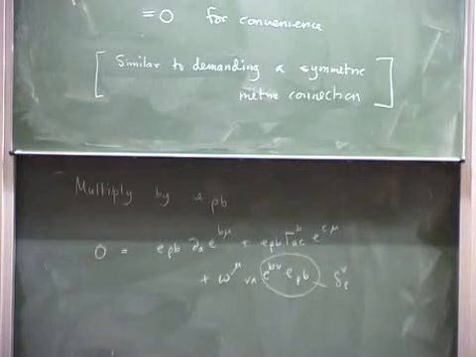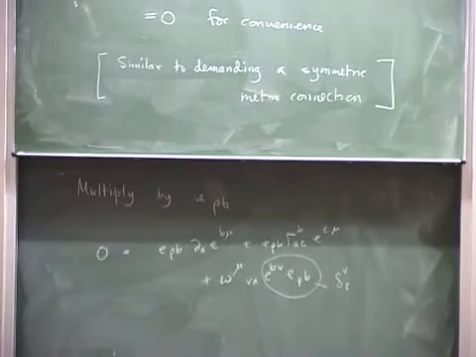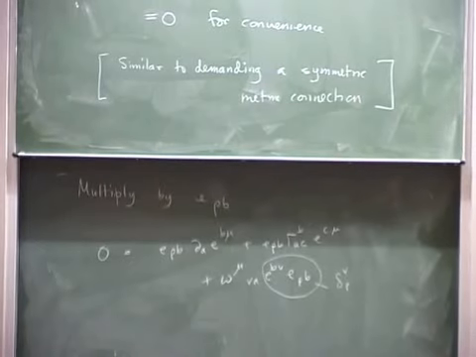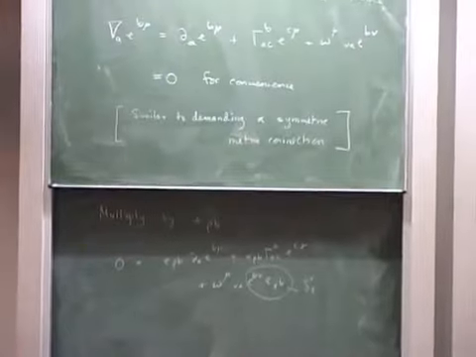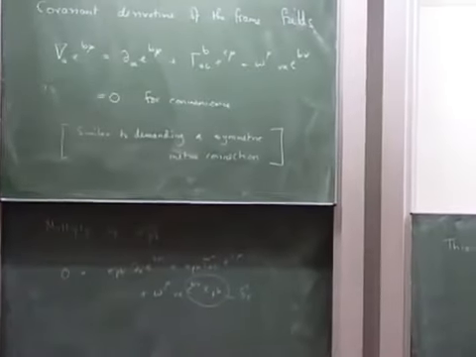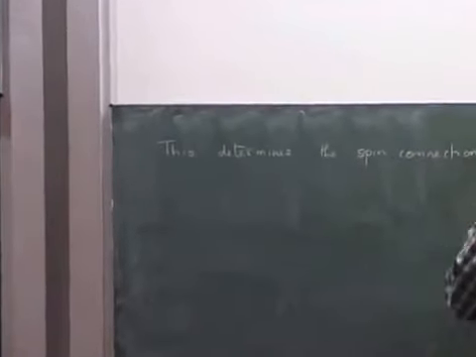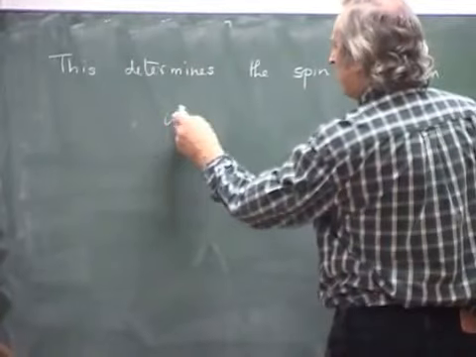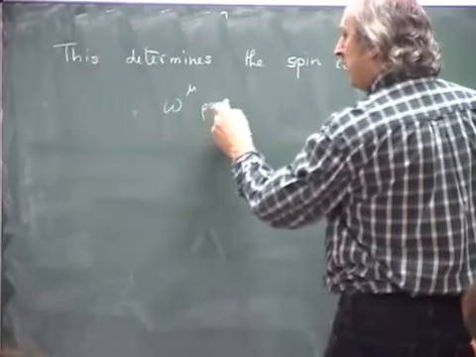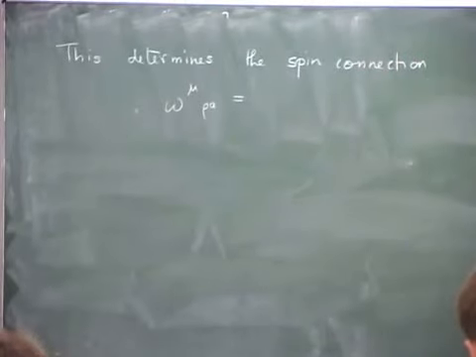So that means that you can now write out a formula for the spin connection. You can just simply say, well, ω_{μρ A} is equal to minus all the other terms.